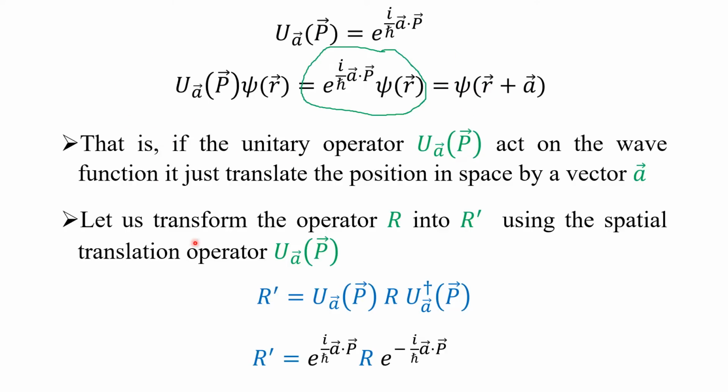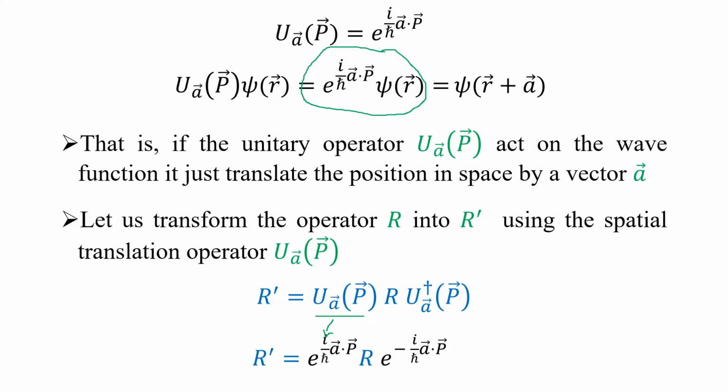Let us transform the operator r into r prime using the spatial translation operator U of a. That is, r prime is equal to U of a times r times U of a dagger. This U of a is equal to e to the power i over h cross a dot p.